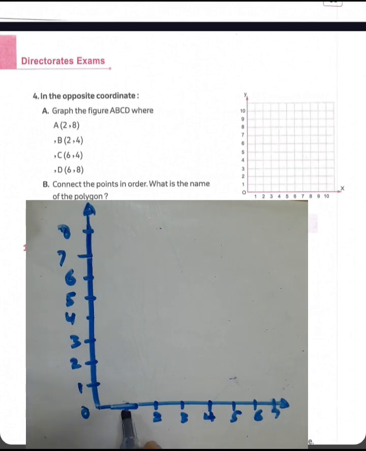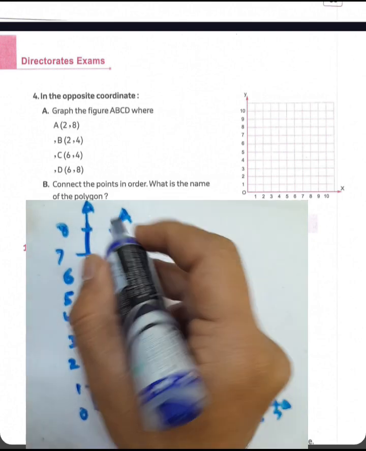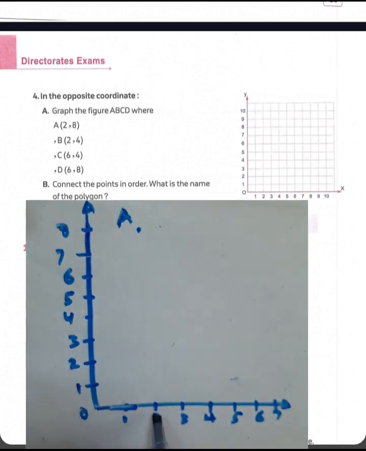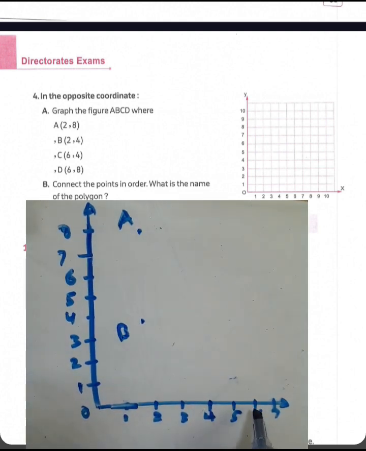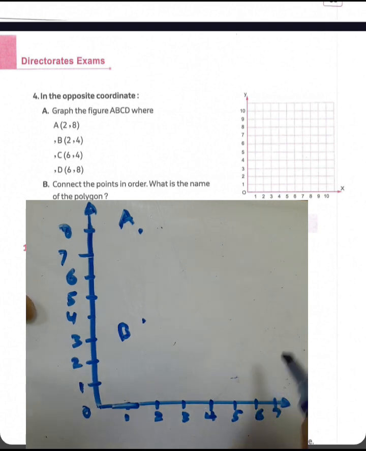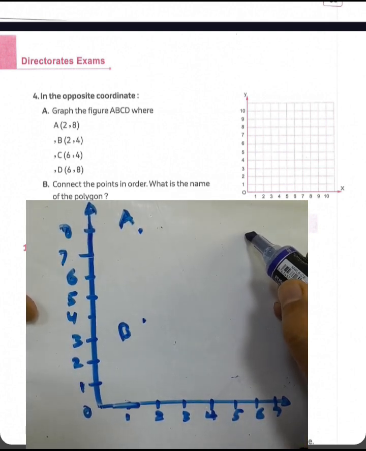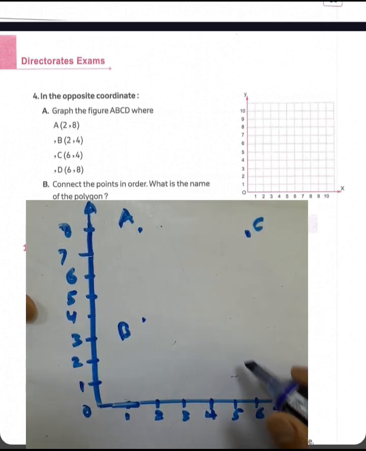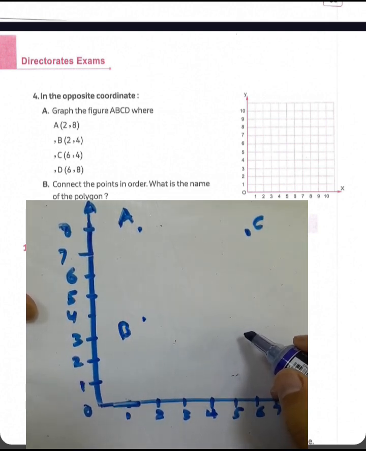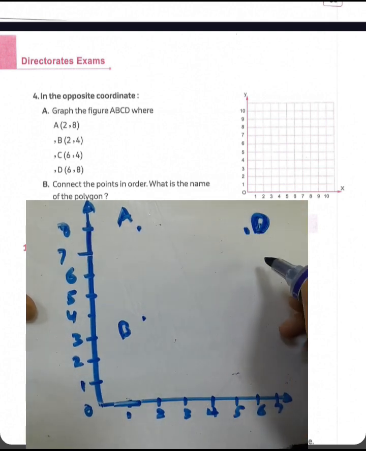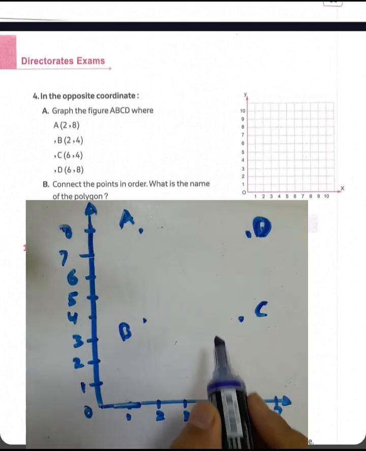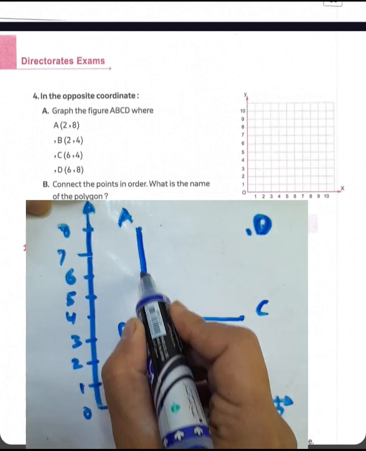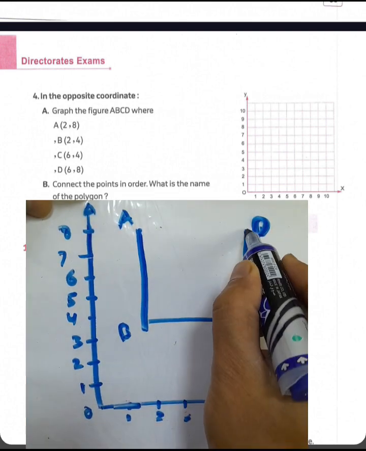Point A is 2 and 8. Point B is 2 and 4. Point C is 6 and 4. Point D is 6 and 8. Then we will have a square.